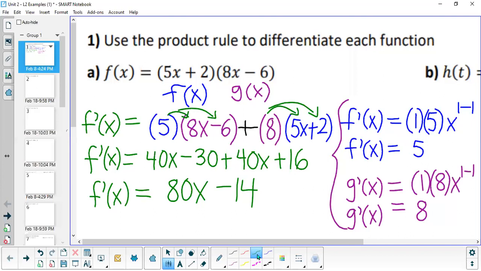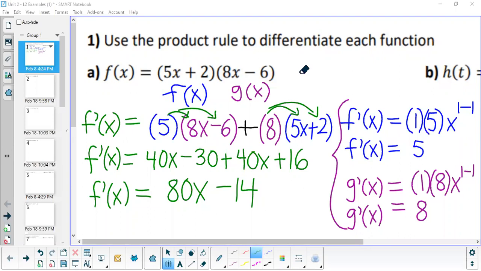What I do need to see is the distributive property, the collecting like terms, that sort of thing. This is just to organize your strategy, organize your thoughts. Okay, so that is the first product rule question.